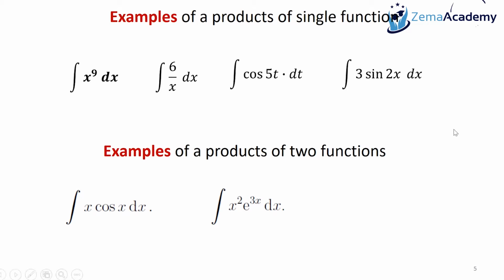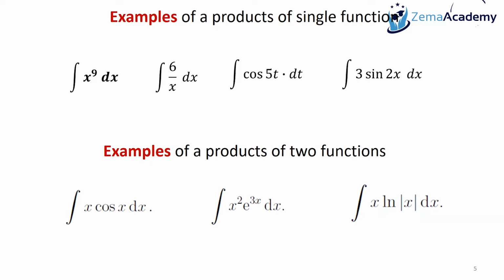Okay, so the last example is another one, and this time I have taken x, a linear function, and log x. So log x is another function. So I have given you three examples of how a product of two functions is different from a single function.